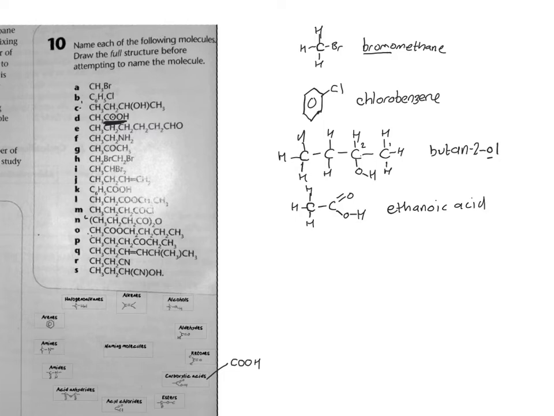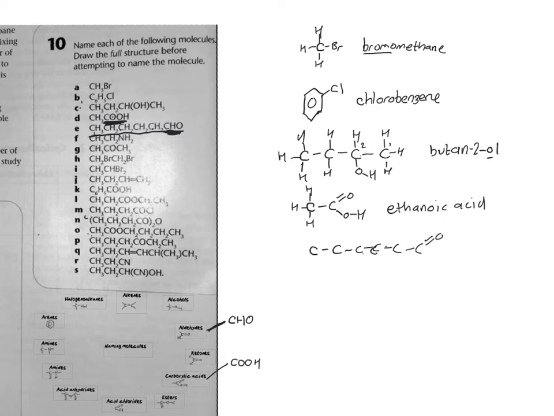The next molecule along here, E, contains a CHO. I call that a CHO group, and a CHO is an aldehyde. So when you've drawn out your chart of functional groups, the condensed formula for an aldehyde is a CHO. If we draw out the carbon chain, it's got 1, 2, 3, 4, 5, 6, with a CHO.